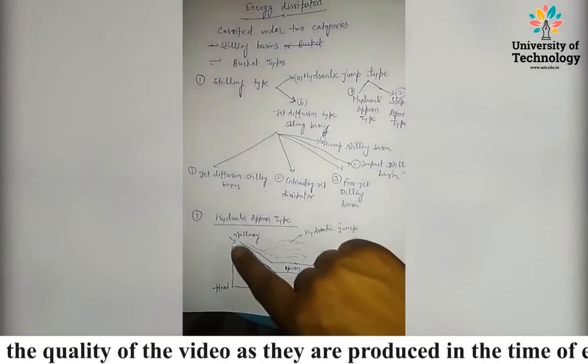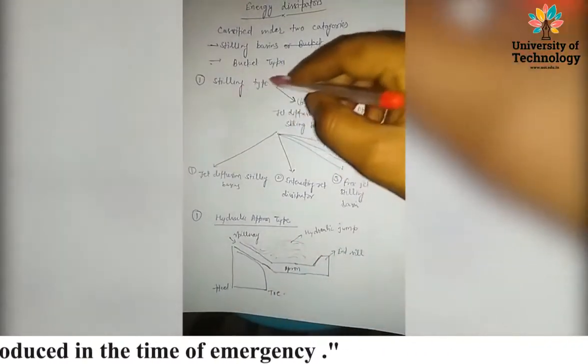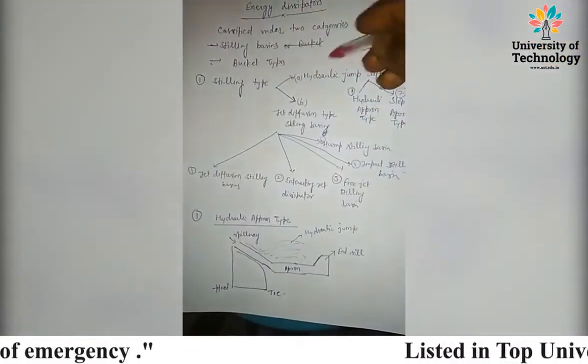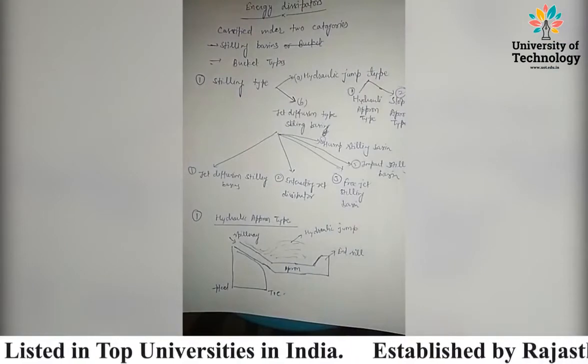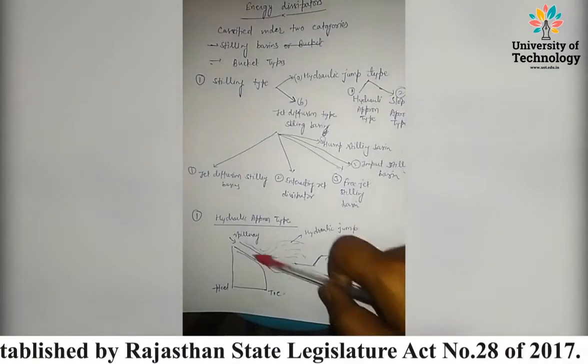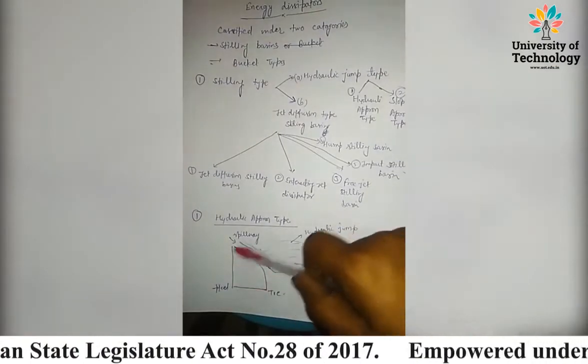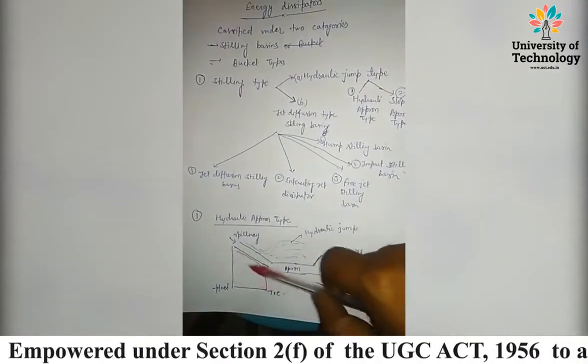First one is the hydraulic apron type. It is the classification of hydraulic jump type energy dissipators. Right now, here it is the spillway. This is the heel portion. This is the toe portion of the spillway structure.